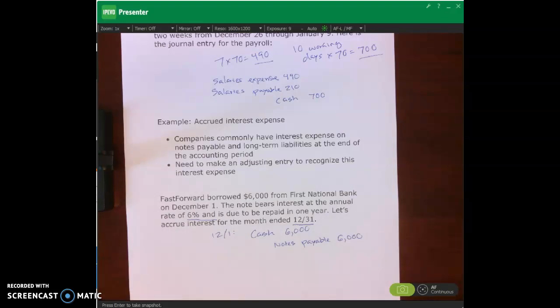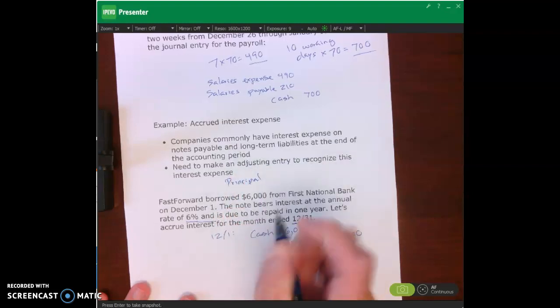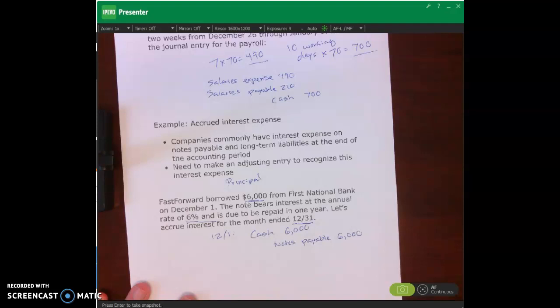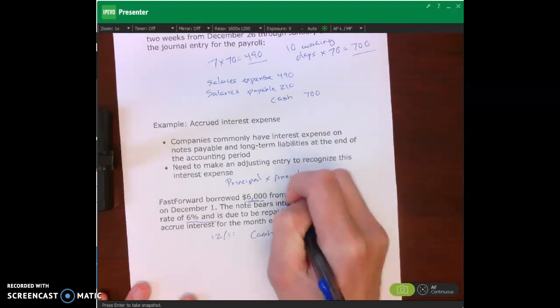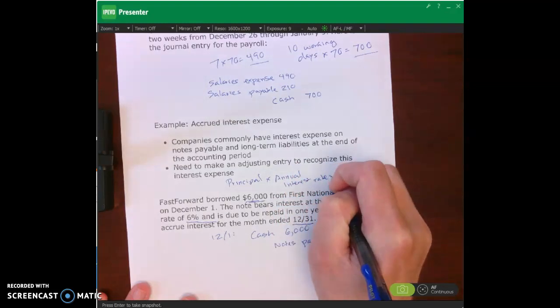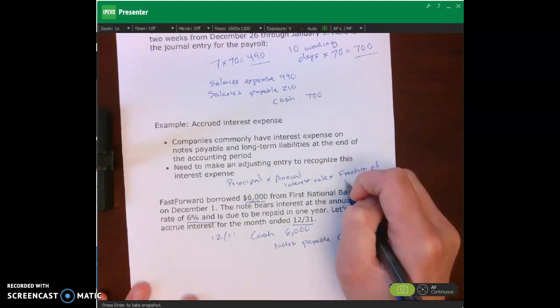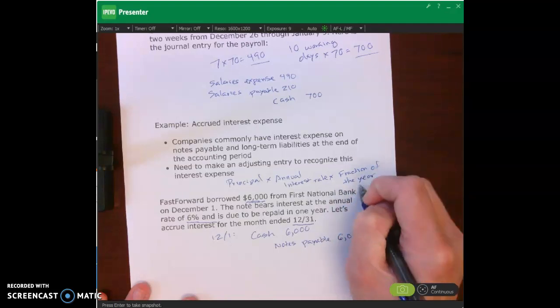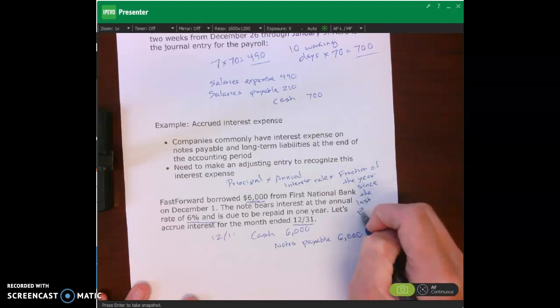So I have to do a formula to help me figure out how much interest I would pay for 1 month. And that formula is I take my principal, which is the amount that I borrowed, times my annual interest rate, times the fraction of the year since the last payment.